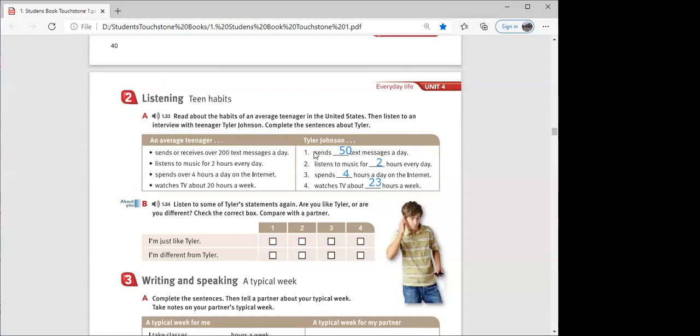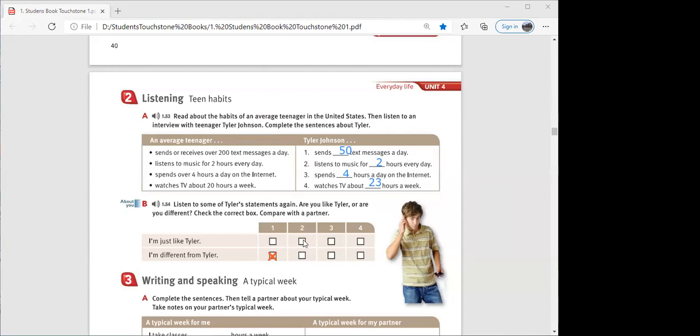You're different. Remember, he sends over 50 messages. He sends and receives about 100, right? 50 and 50. So you are different. Lupita says she's different. Flor, different. Katy, different. Alejandra, different.